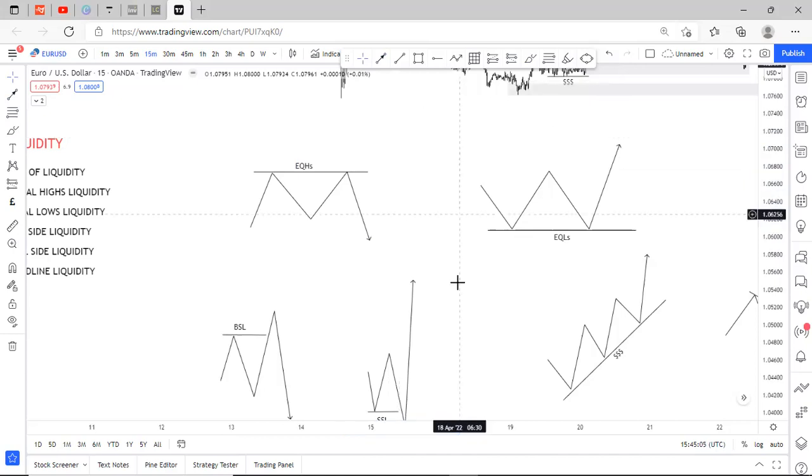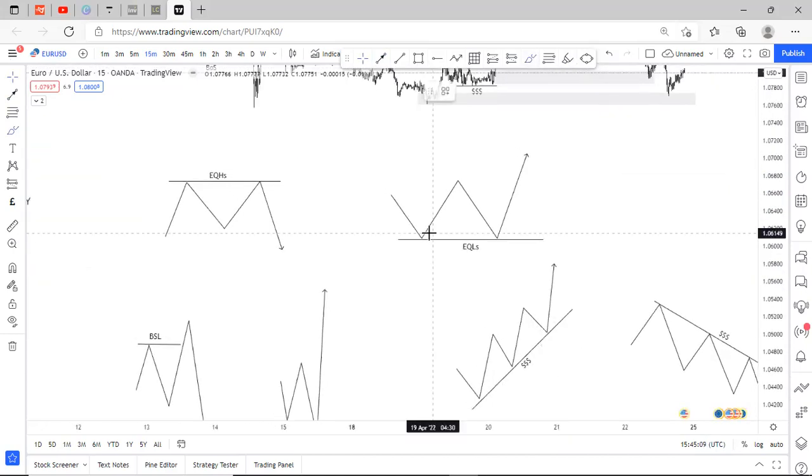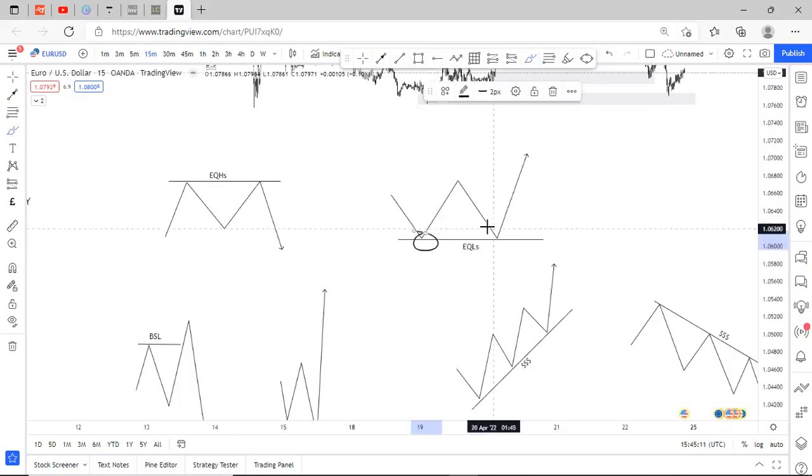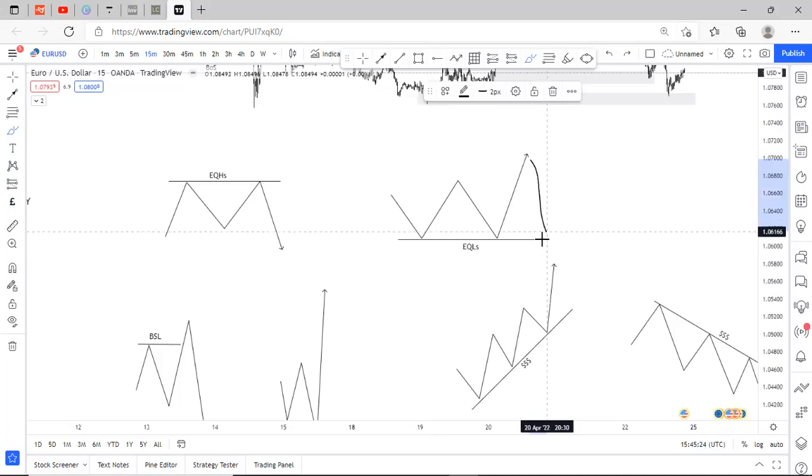Okay, so moving down to the equal lows, we find equal lows at areas where price reacts off a couple of times or multiple times. In this situation, some traders will be looking to take a sell trade when price retraces back here, to then go up at this point.